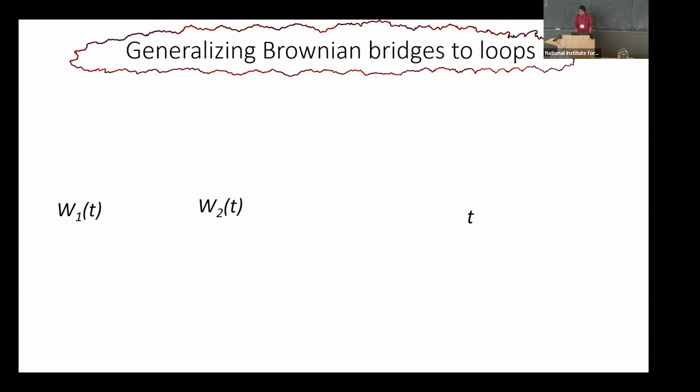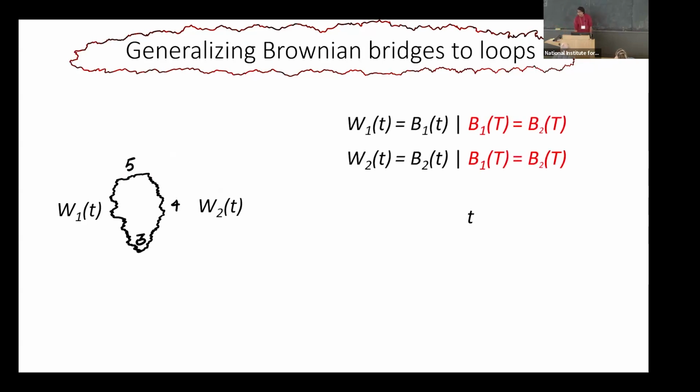And so what we ended up doing was generalize this derivation of Brownian bridges a little bit. So instead of cutting it at 5, we model it as it actually happens. So you start at 5 and you have two paths going to 3. I call these two paths W1 and W2. And these are similar as before.